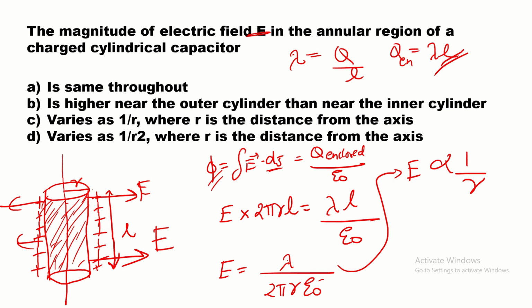So over here, you can say that option C is the correct answer for this question. A would not be true because if R increases, it will decrease. And B is also not true. And D is also not true. So option C, varies as 1 by R, is the correct answer for this question.